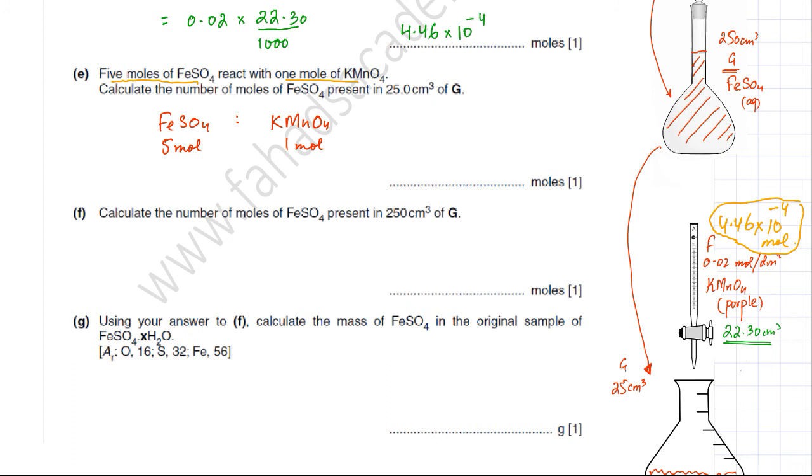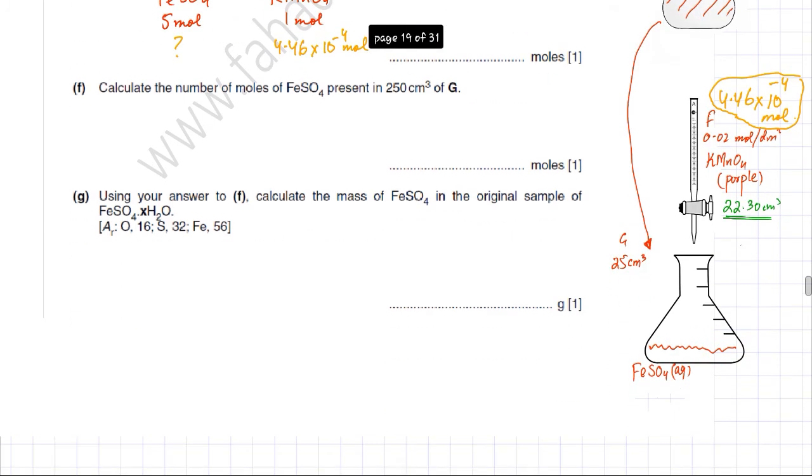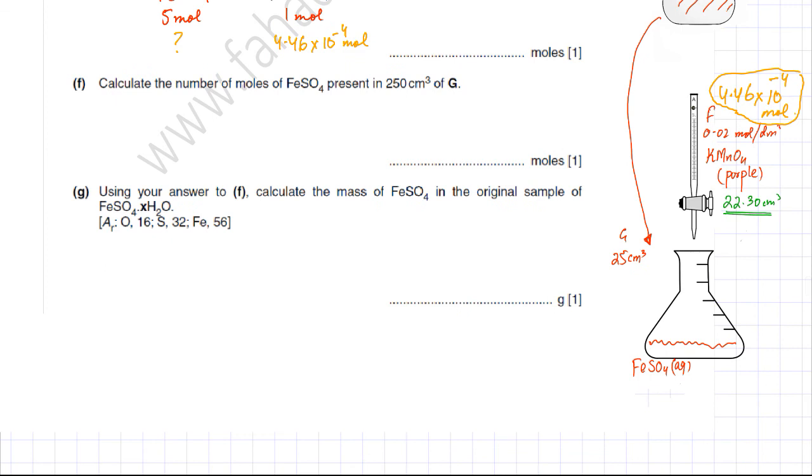Now in our question, we're using 4.46 × 10⁻⁴ moles of KMnO4. So what would be the amount of moles of FeSO4 that would react with that? We can add this on the sketch over here as well. So if you have 1 mole of KMnO4, it's reacting with 5 moles of FeSO4.